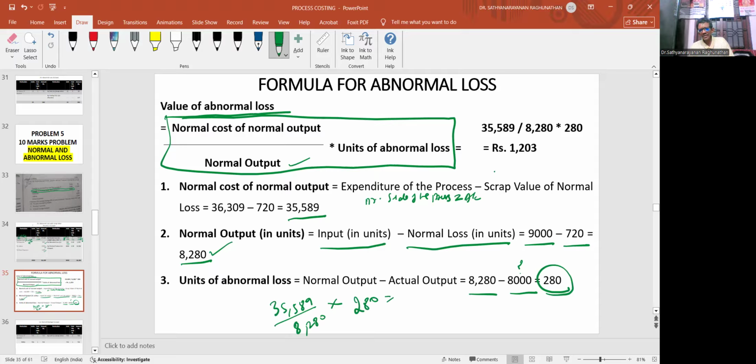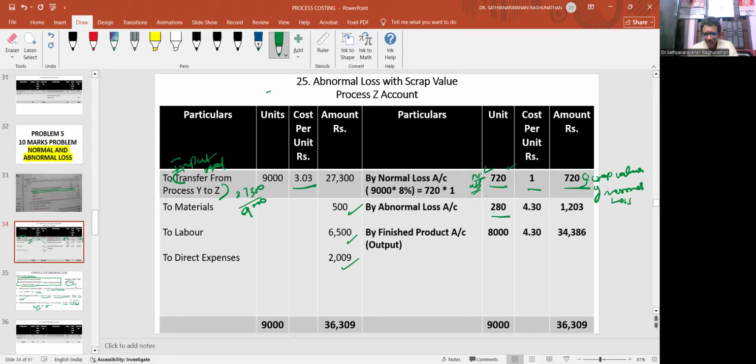You will be arriving at 1,203. That is the by abnormal loss account amount you have to write. Now cost per unit you have to find: 1,203 divided by 280, 4 rupees 30 paisa is the cost per unit.